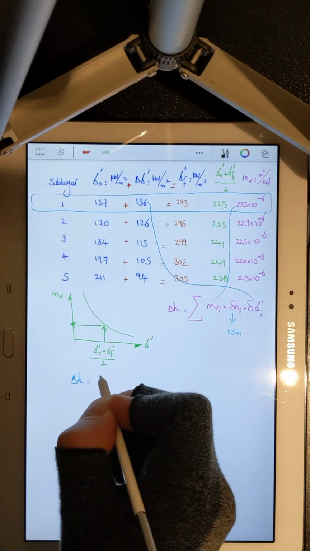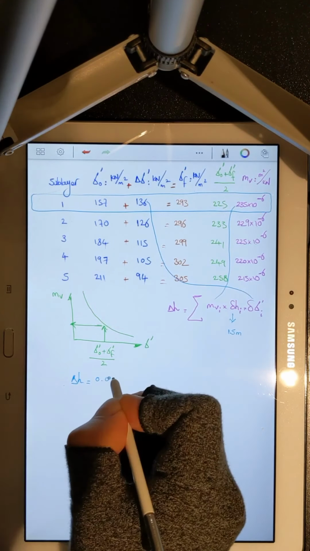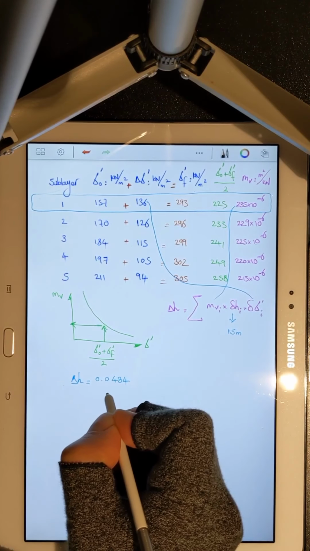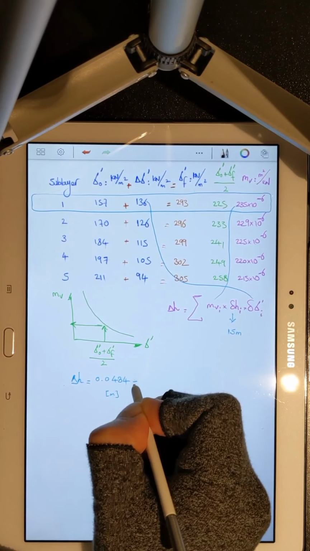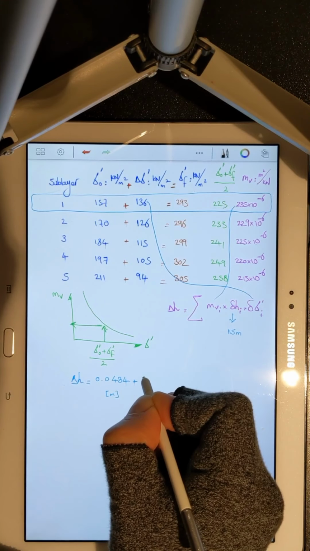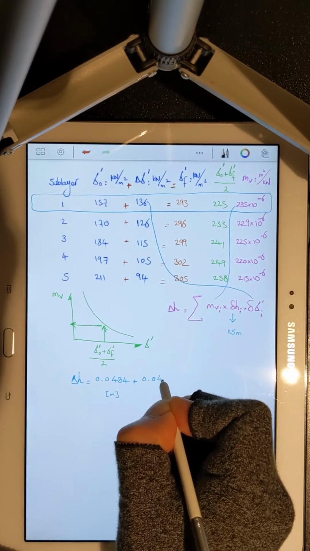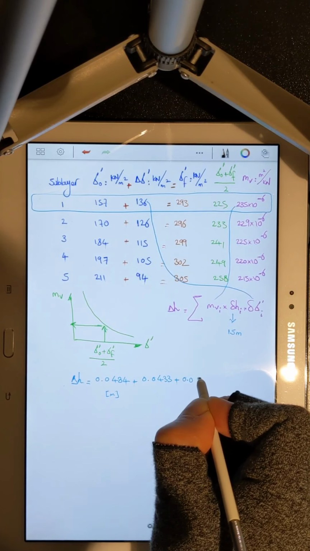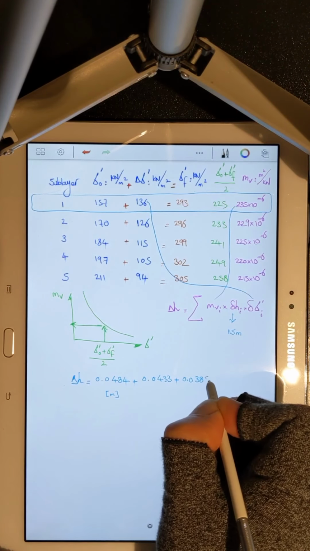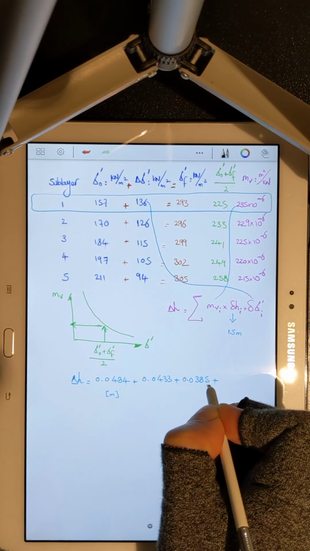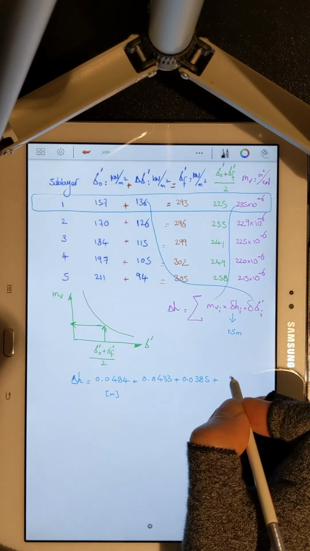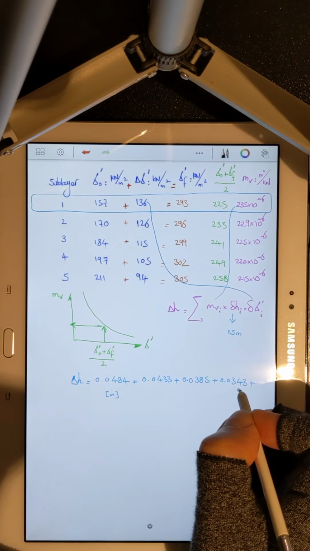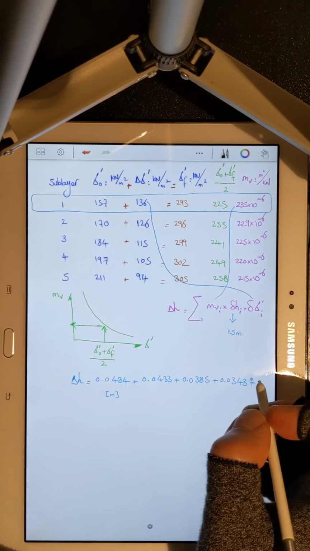You can use your calculators and double check. 0.0484 meters plus, and that is soil layer 1. 0.0433 plus 0.0385 plus 0.0343 plus, for the last sublayer, 0.0314.